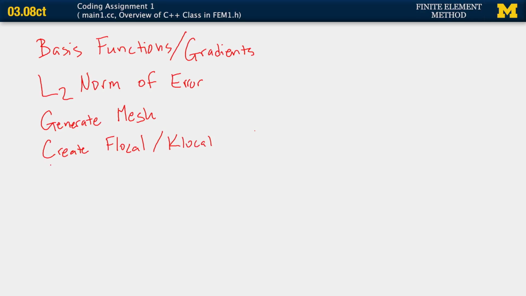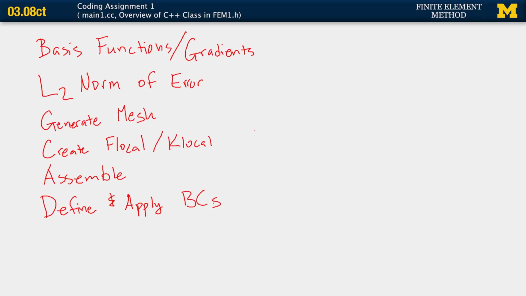Once those are created, then we have to assemble flocal and klocal into the global stiffness matrix and the global forcing vector. Then we also have to define and apply our boundary conditions. Those could be Dirichlet boundary conditions or Neumann boundary conditions.